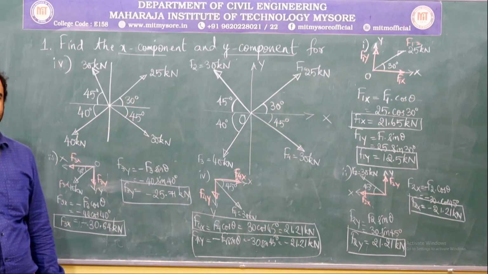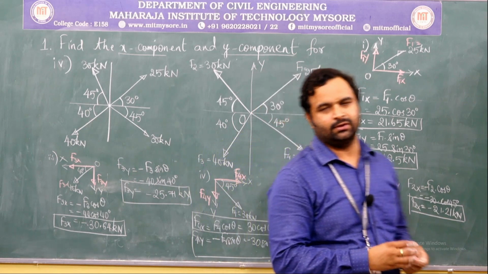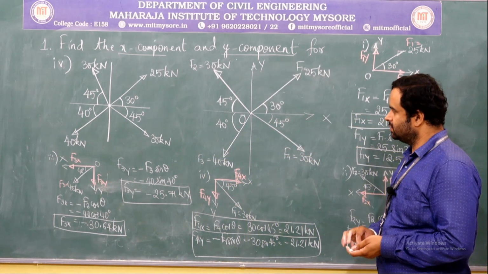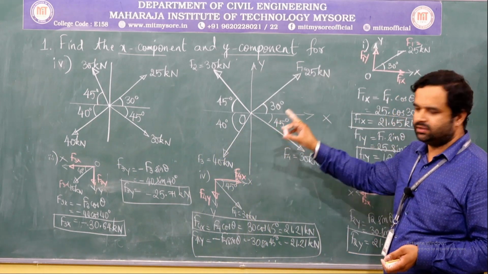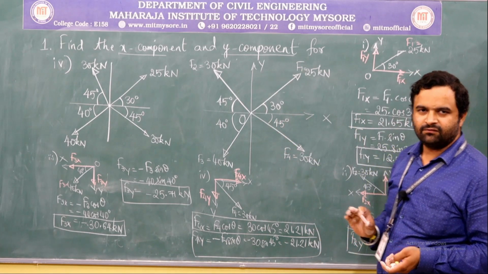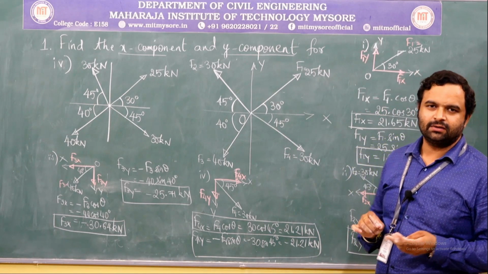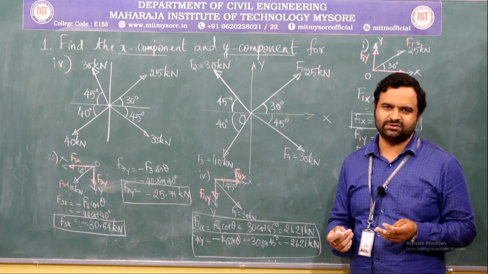Now we have calculated all the x and y components of individual forces, but the reason I haven't written the resolved forces in this figure is that the forces will be coinciding one over the other. You might feel it is a bit confusing.